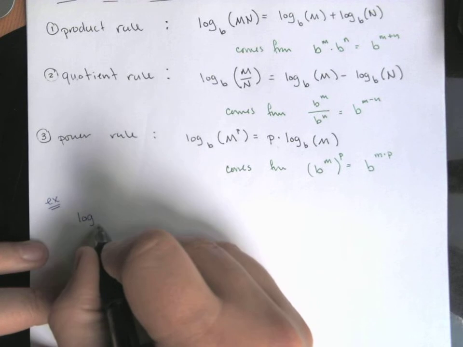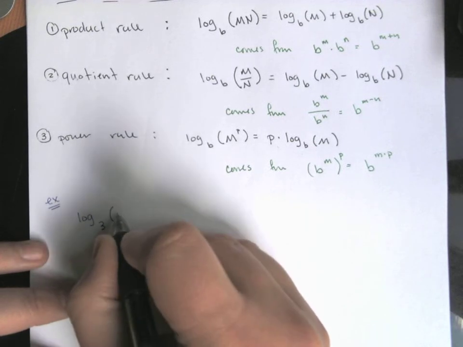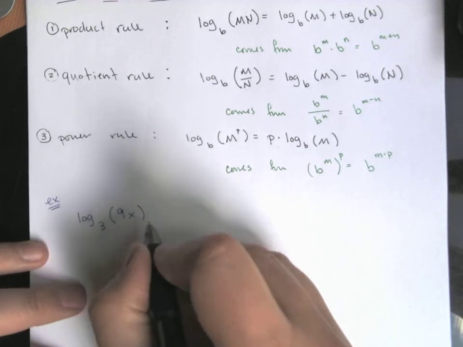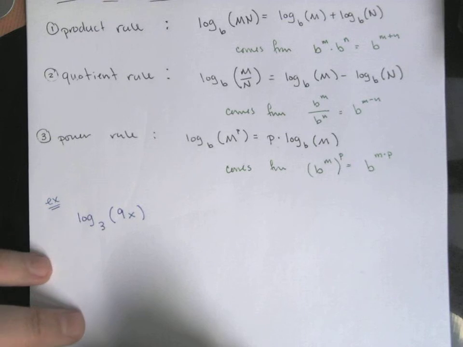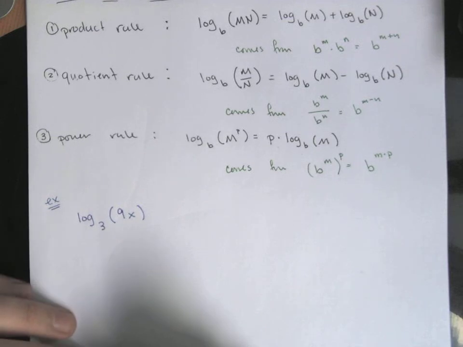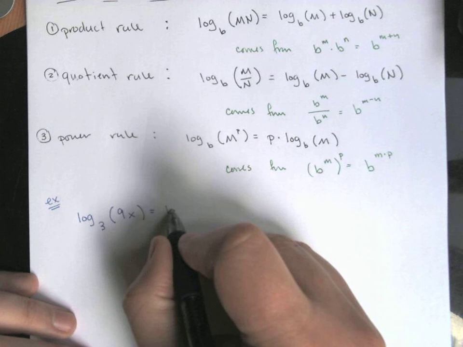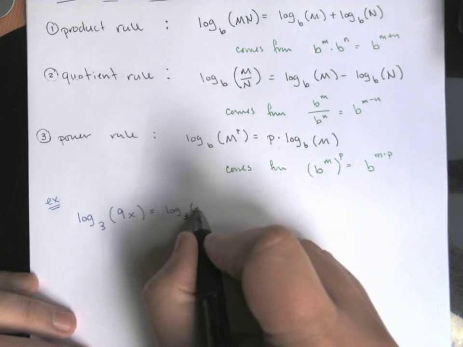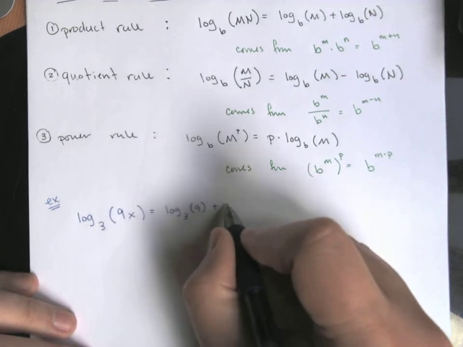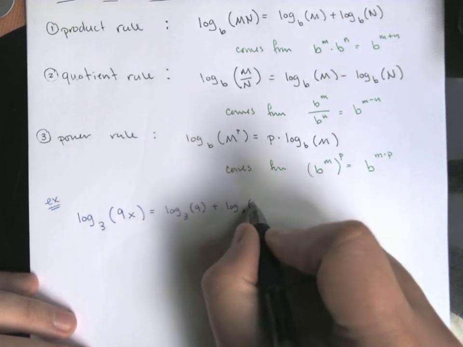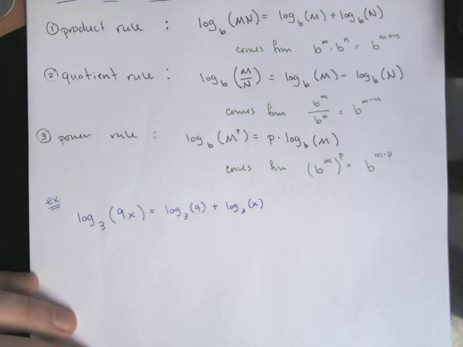So if I've got log base 3 of 9 times x, individually that's not particularly anything, right? But if I've got multiplication on the inside, I can call this log base 3 of the 9 plus log base 3 of x. And this is useful, right?